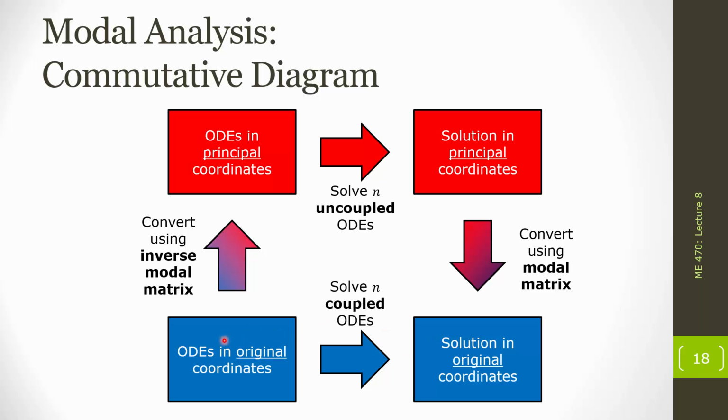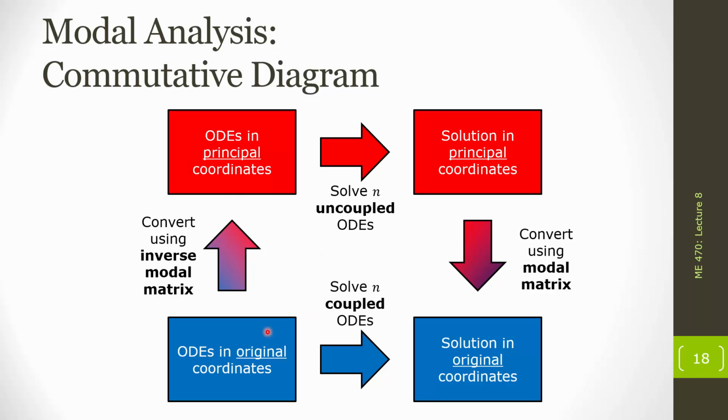So what principal coordinates let us do is bypass this very difficult step by taking a sequence of much easier steps, because we're changing a calculus problem into a linear algebra problem.